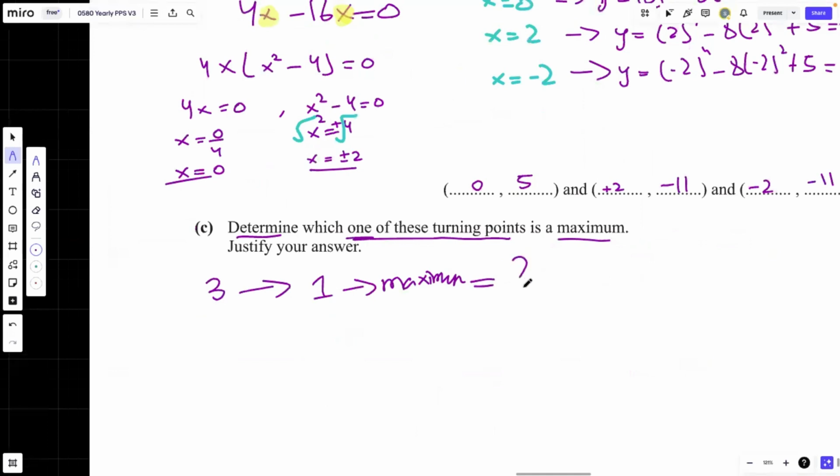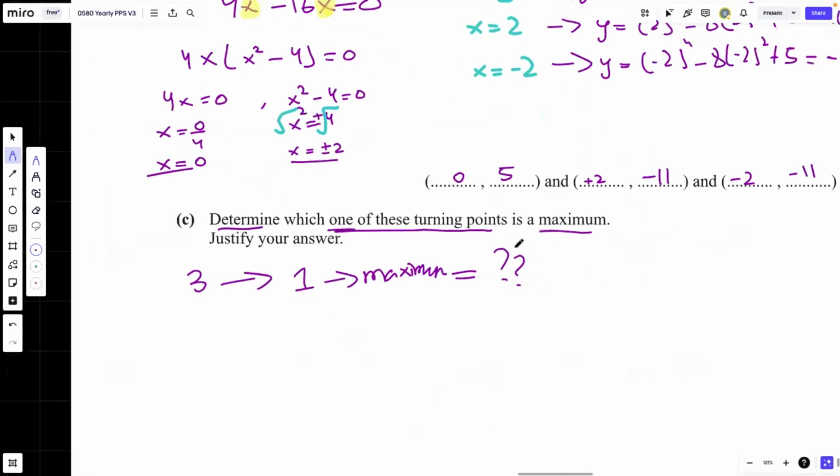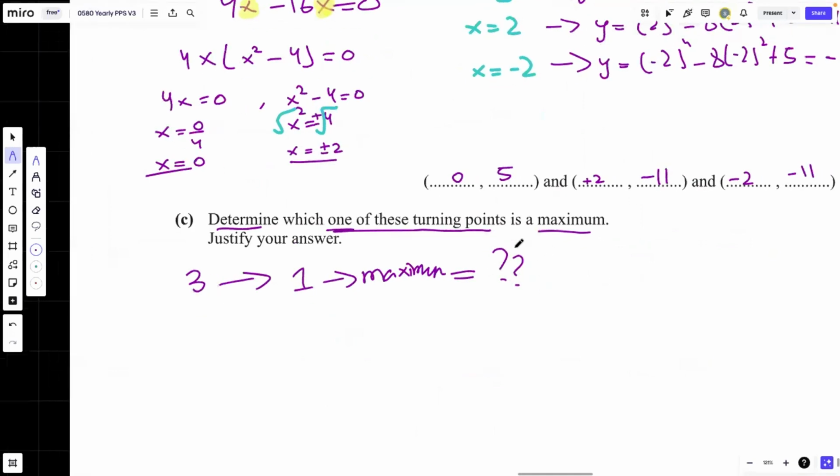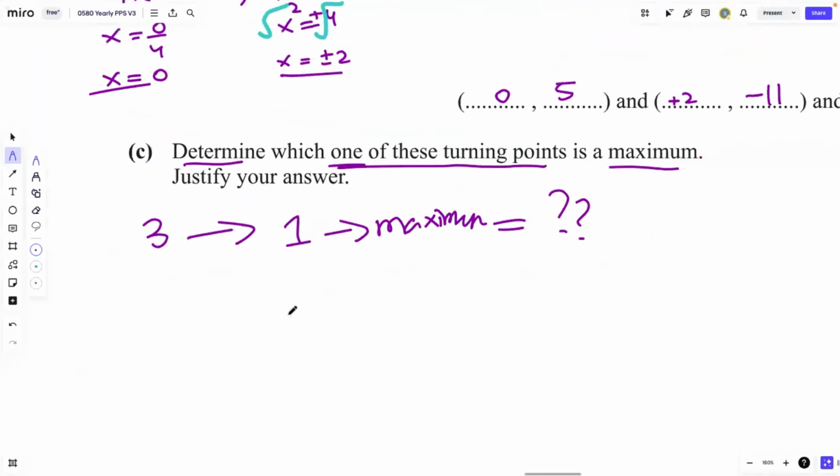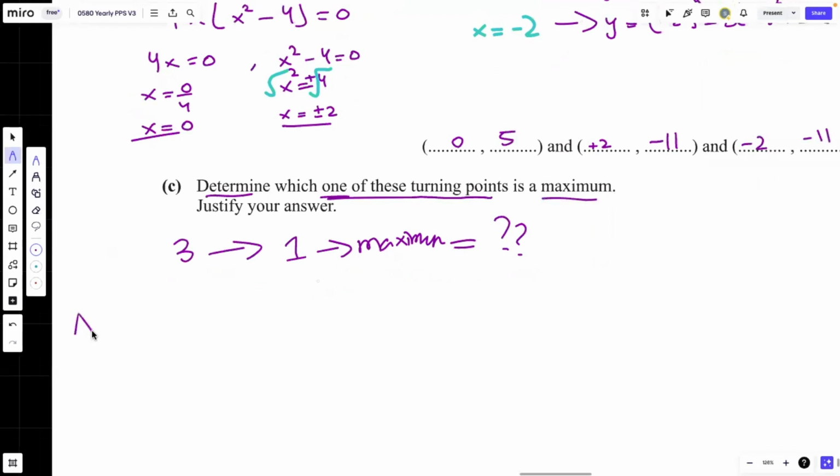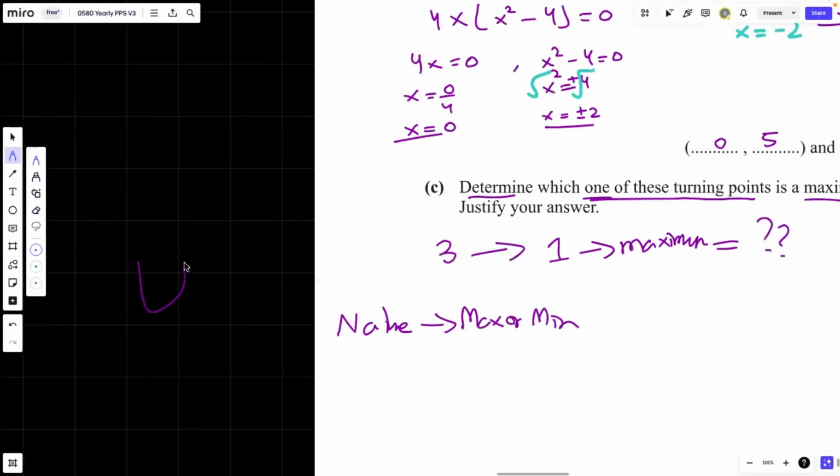We're supposed to figure out which one out of the three is the maximum. To figure out the nature, either max or min, think of the quadratic like this or like this: you have this as the minimum point and this as the maximum turning point.